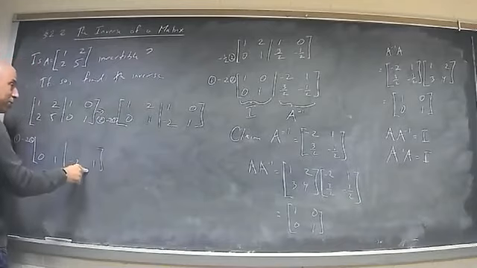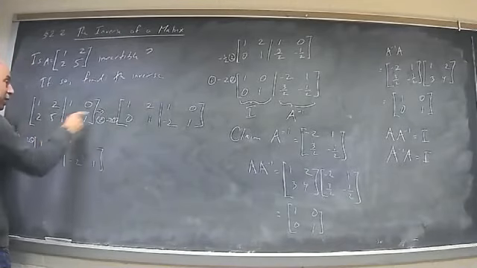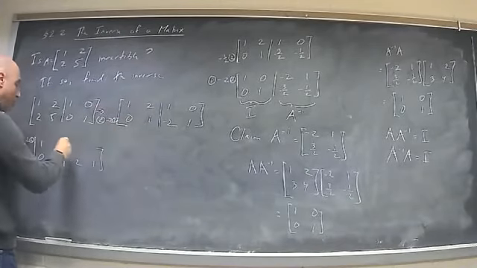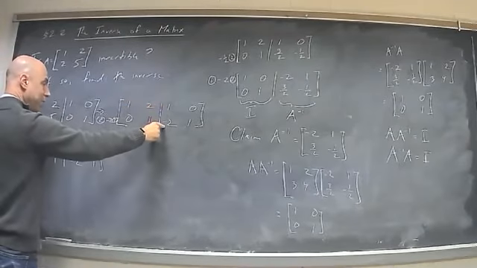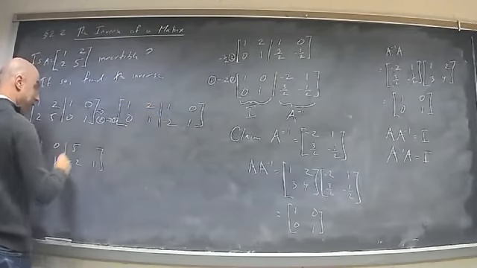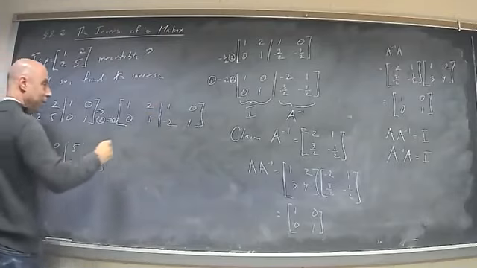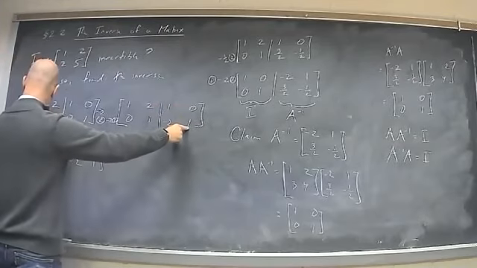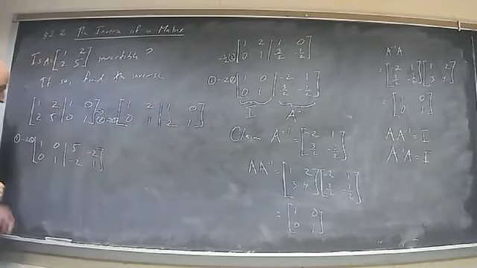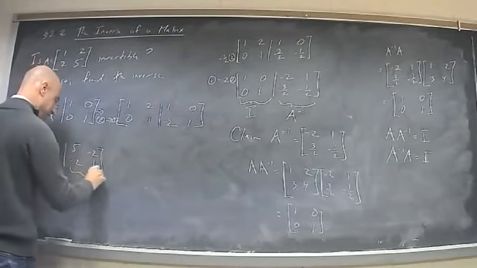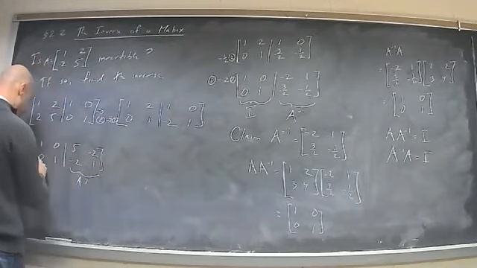In the top row, we have 1. 2 minus 2 times 1 is 0. 1 minus 2 times negative 2 is 5. And 0 minus 2 times 1 is minus 2. And so hopefully this is A inverse, because what we have over here is the identity.